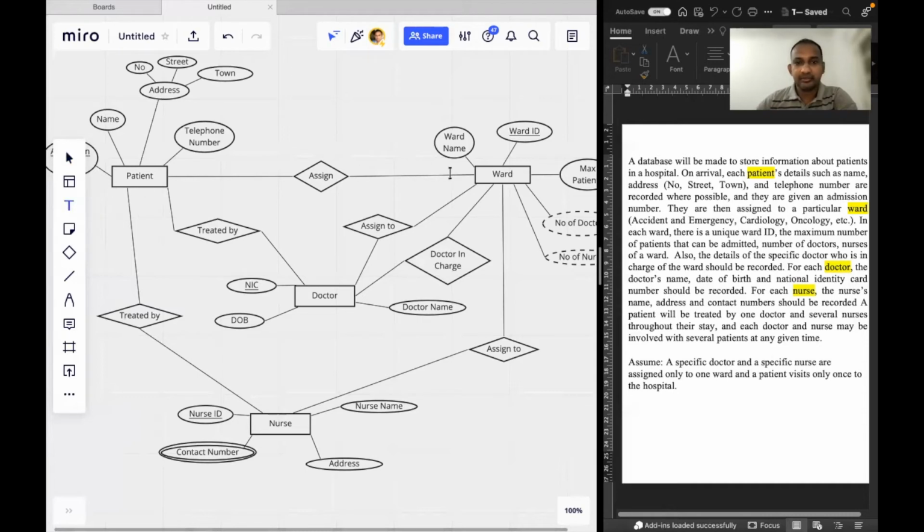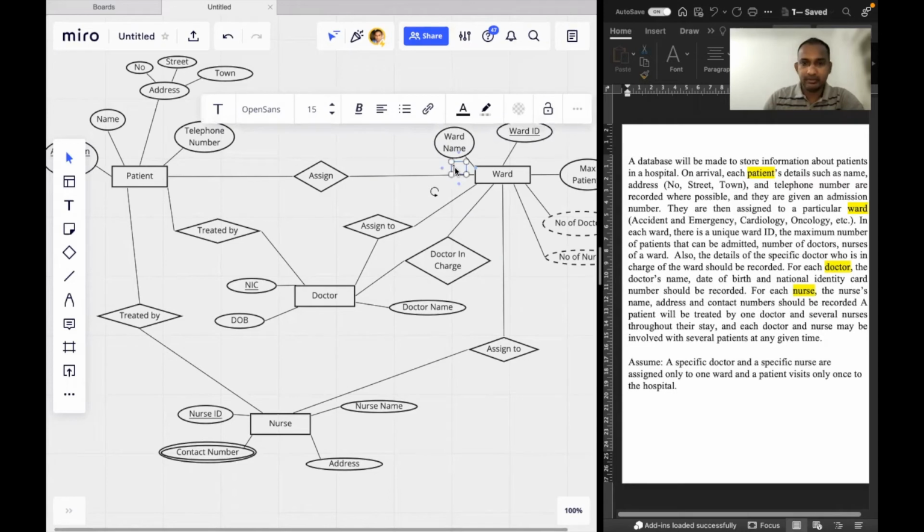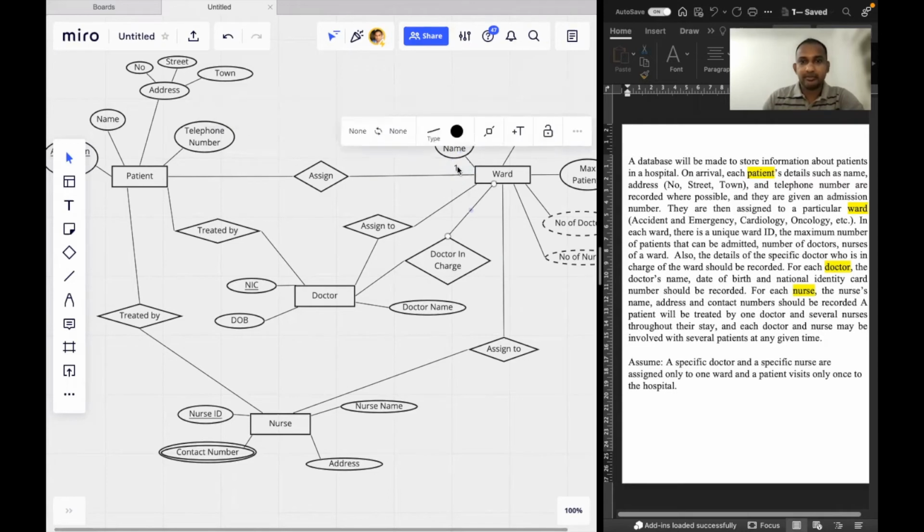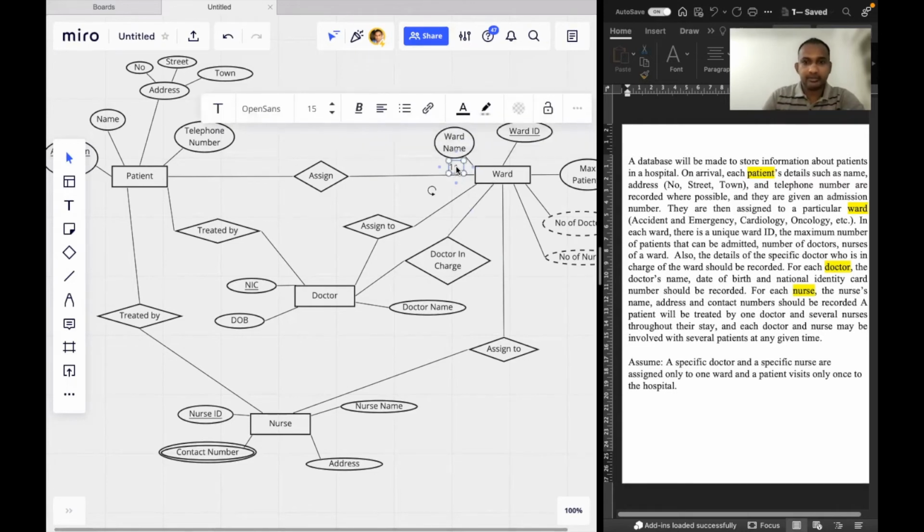Here you can use 1, and this side is many.